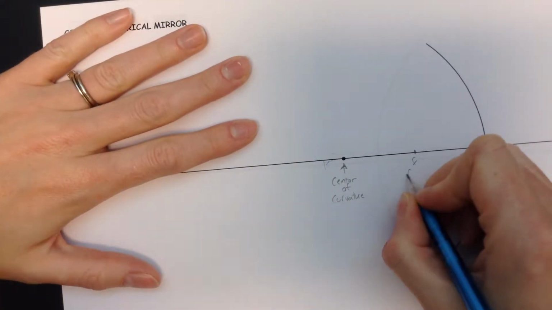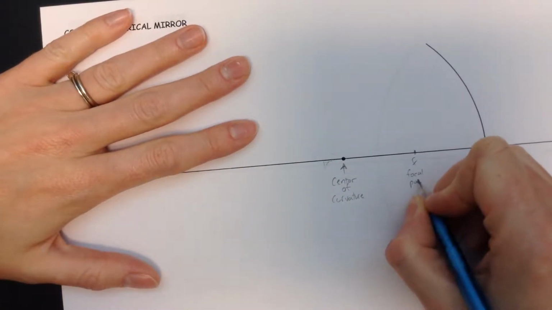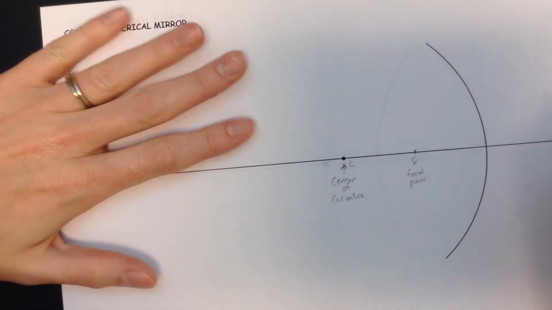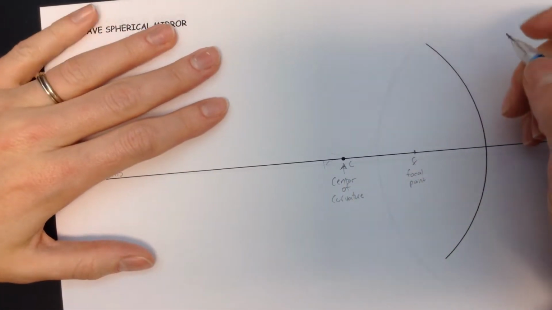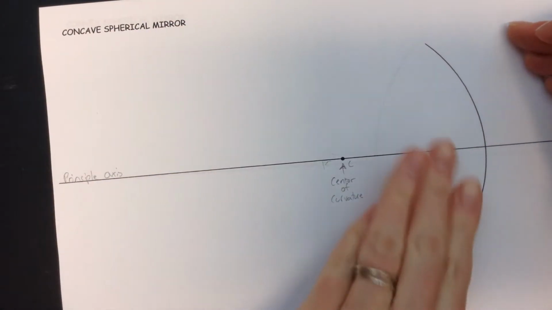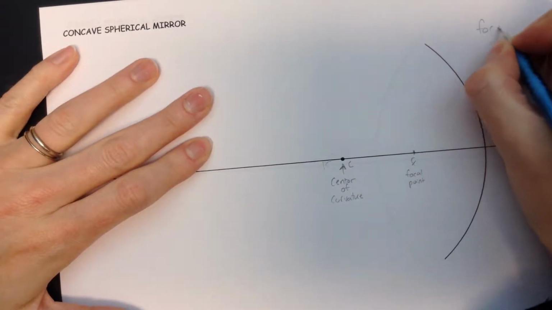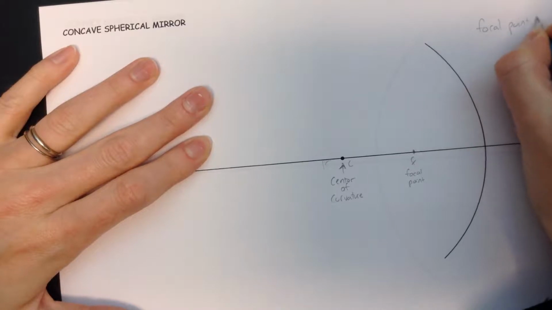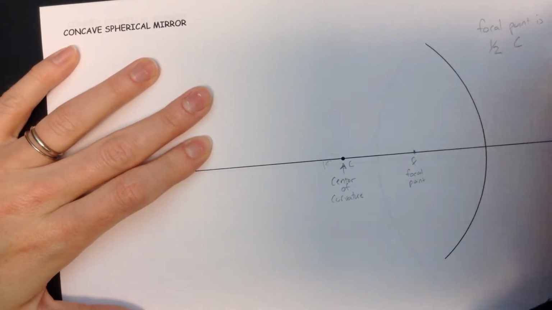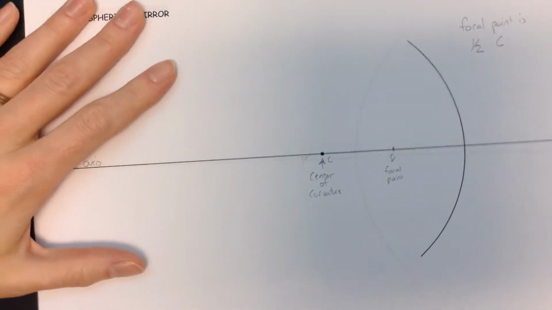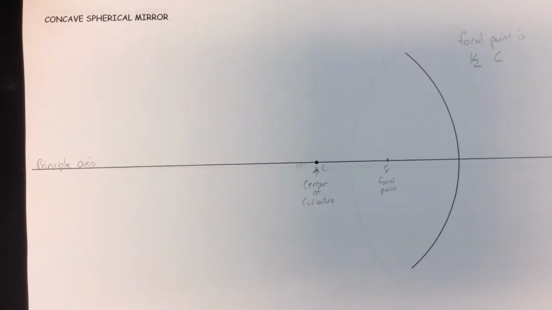F for focal point. Sometimes this is marked C and this one's marked F, and those are usually both on there, and sometimes only the focal point is on there, and sometimes only the center of curvature is on there. But the focal point, we'll make a note over here, focal point is at half of C. Okay, so if you only have one, you got to draw the other.